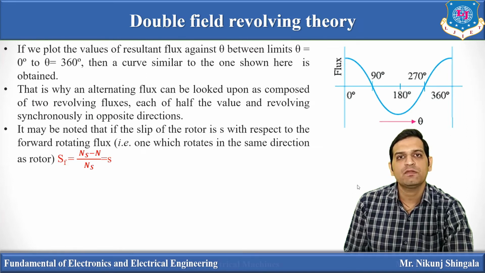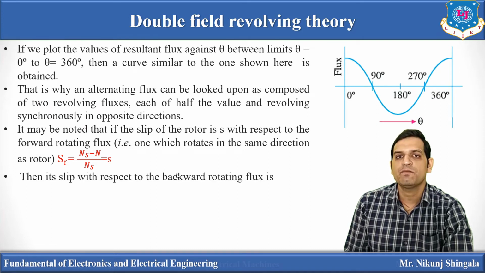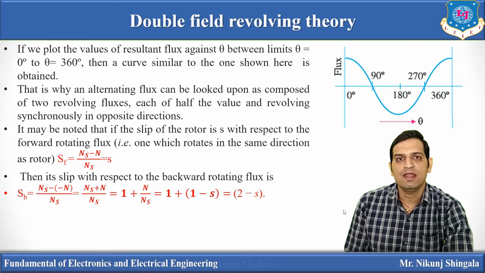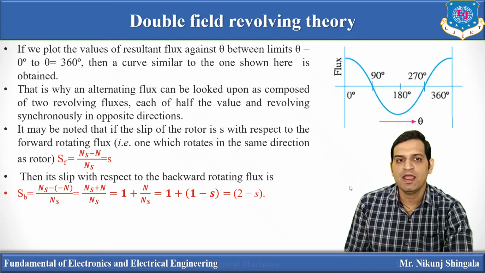The slip with respect to the forward flux is SF equals NS minus N divided by NS, which is equal to S. The slip with respect to the backward flux is SB equals NS plus N divided by NS, because the backward flux rotates in the opposite direction. That equals 1 plus N divided by NS, which is 2 minus S. So the forward slip is S and the backward slip is 2 minus S.